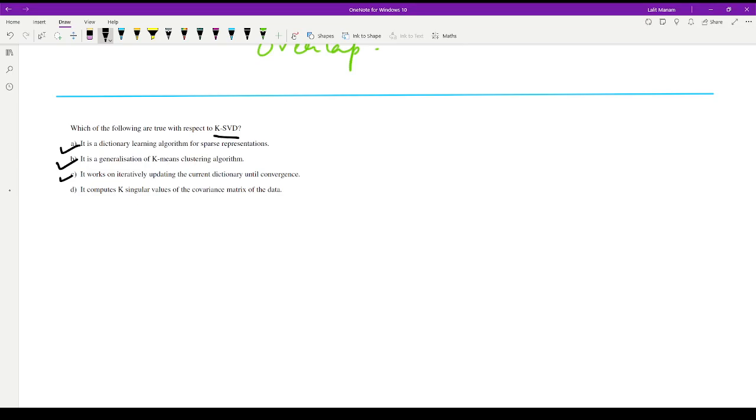So it computes k singular values of the covariance matrix of the data. Is it right? Well, no, it's not right. It does perform SVD k times in each iteration, but it doesn't mean that it computes k singular values.